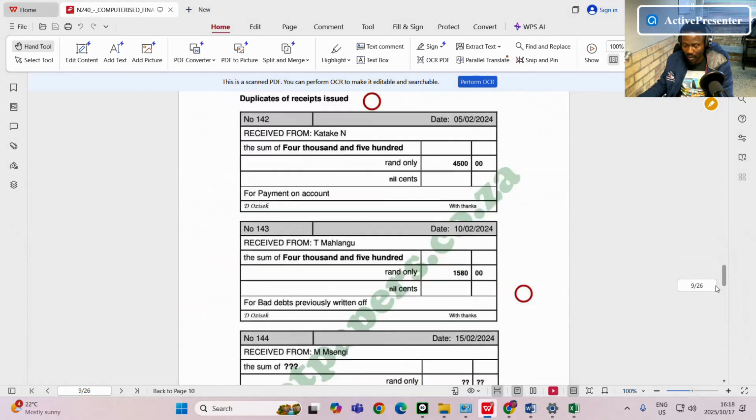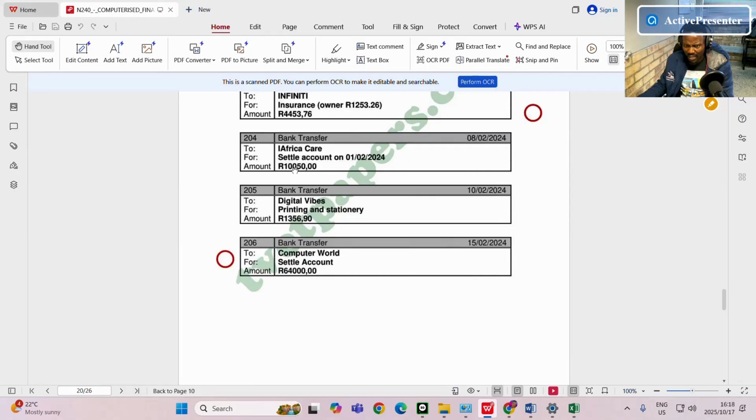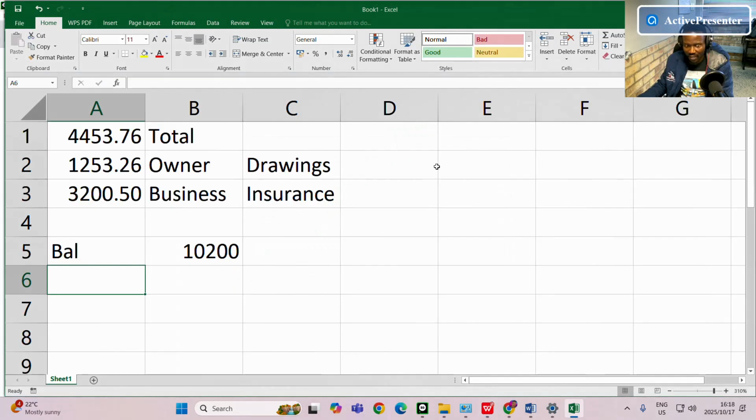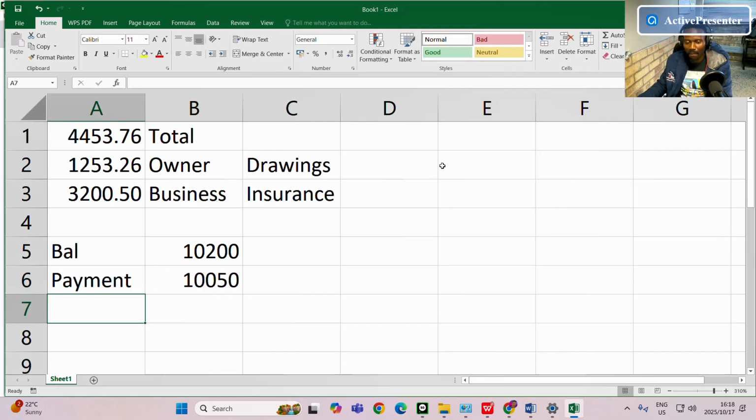How much is the payment? The payment is 10,050. Meaning we owed 10,200 and then we paid 10,050. But the account is settled.